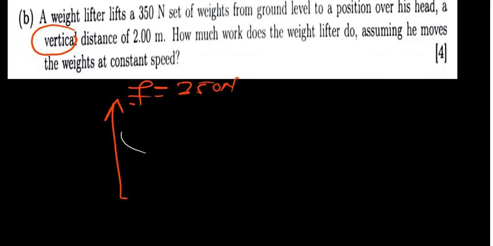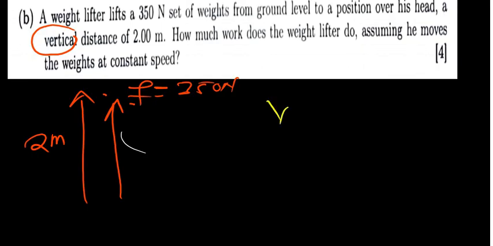Vertical means it is in the same direction there, and that is where the 2 meters is. Do we expect our work to be positive or negative?